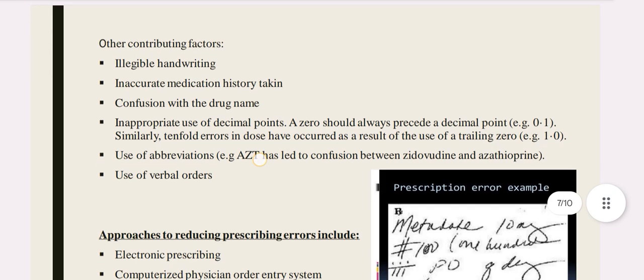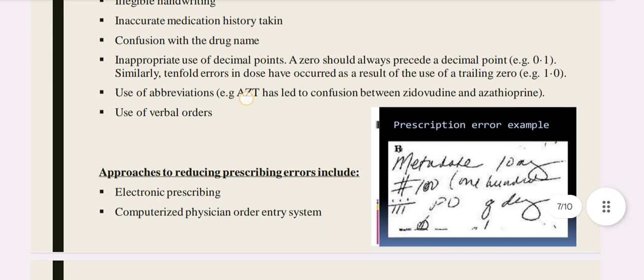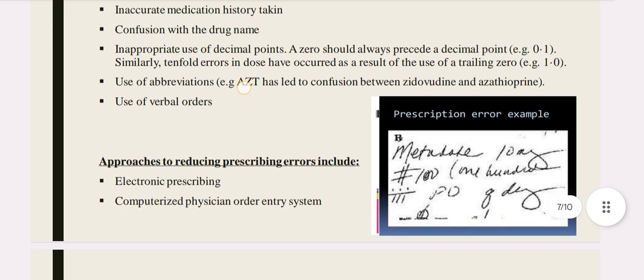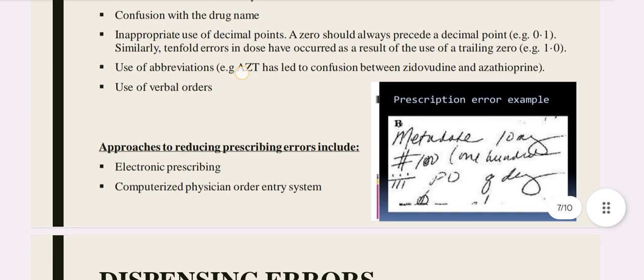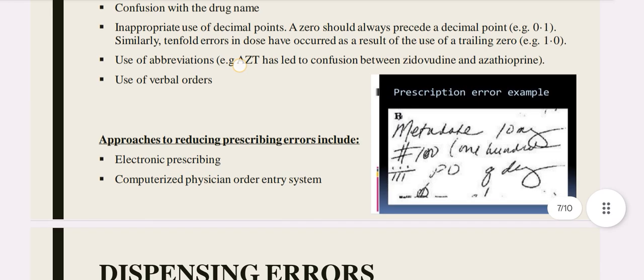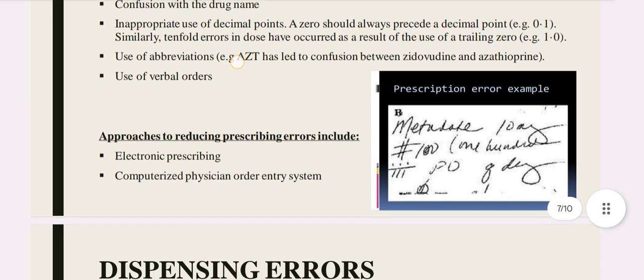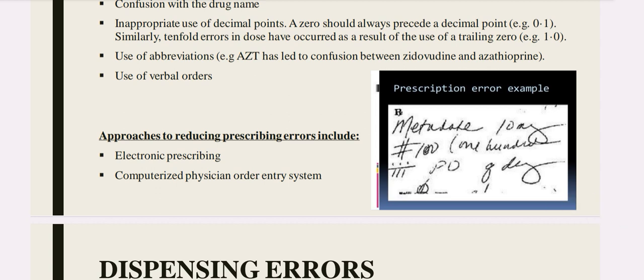The figure shows a prescription which has a poor handwriting and is very difficult to read. Such type of prescriptions can lead to the prescription errors. Approaches to reduce the prescription errors include electronic prescribing, and we can also use systems like computerized physician order entry system, which can reduce such type of errors.